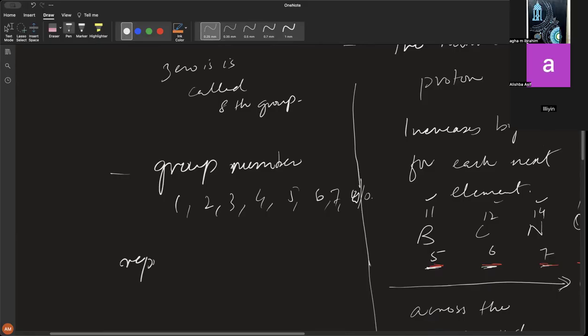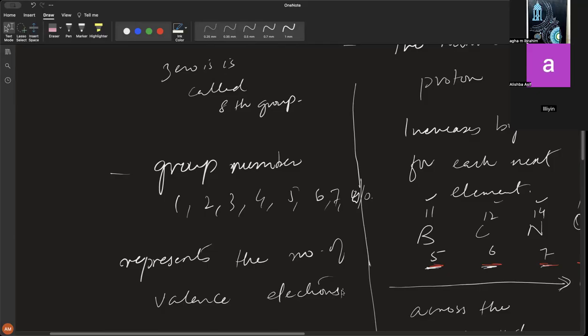It represents the number of valence electrons.